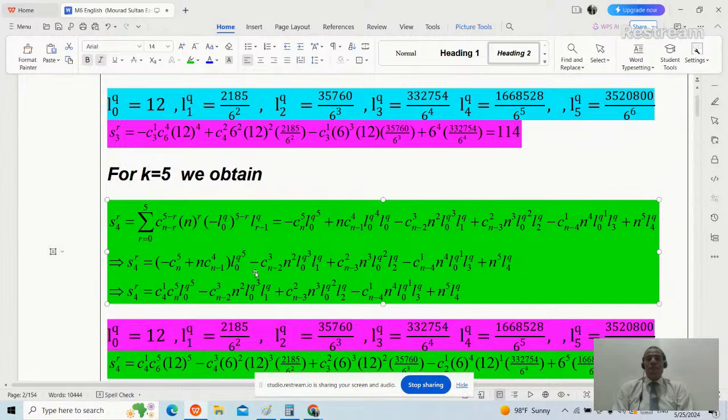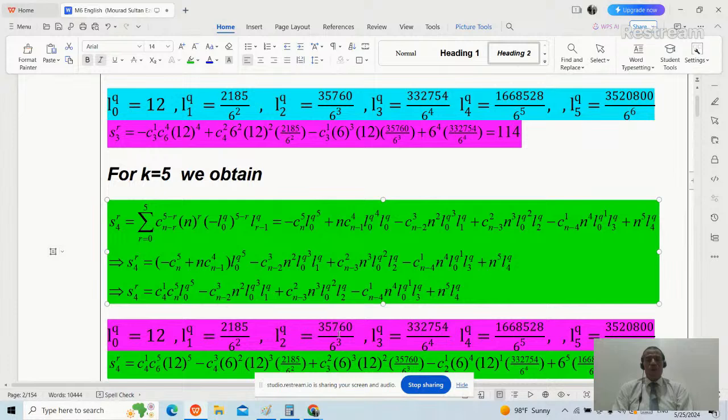Then minus combination n minus 2 choose 3 times n squared times L0 of the q raised to the power 3 times L1. Then plus combination n minus 3 choose 2 times n cubed times L0 of the q raised to the power 2 times L2 of the q. Then minus combination n minus 4 choose 1, n raised to the power 4 times L0 of the q times L3, plus n raised to the power 5 L4 of the q.